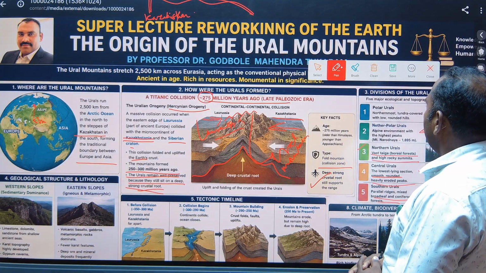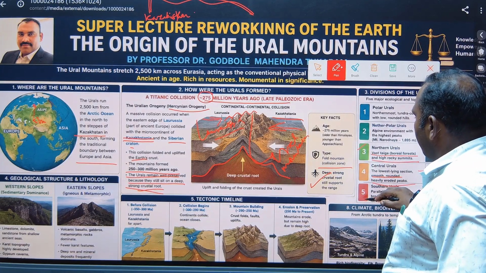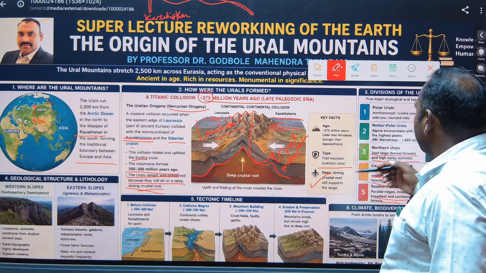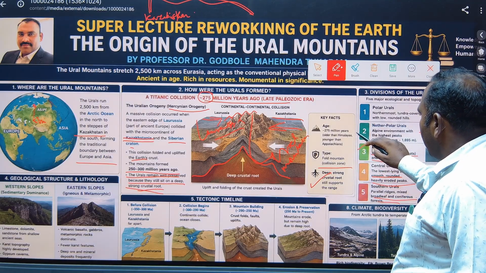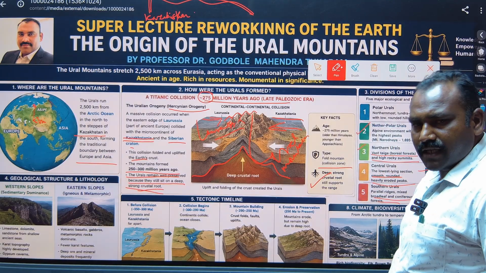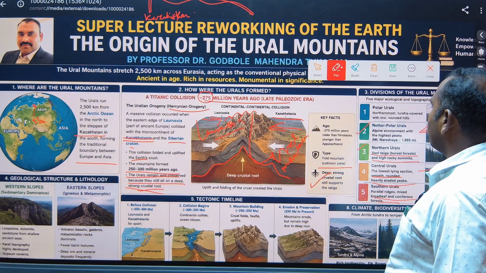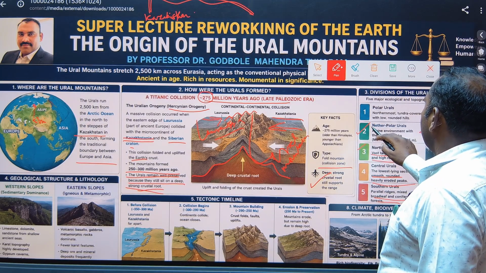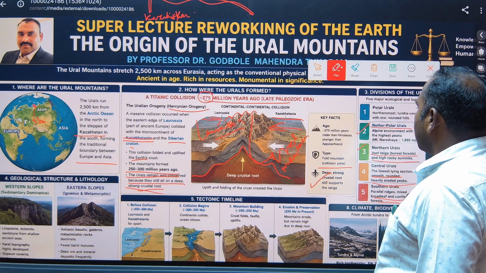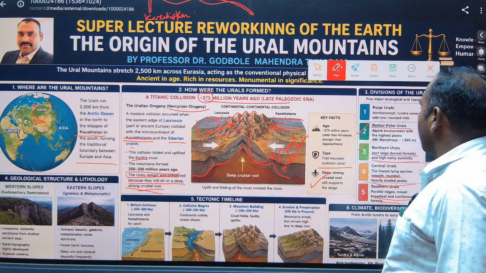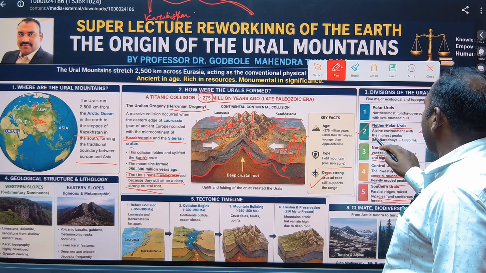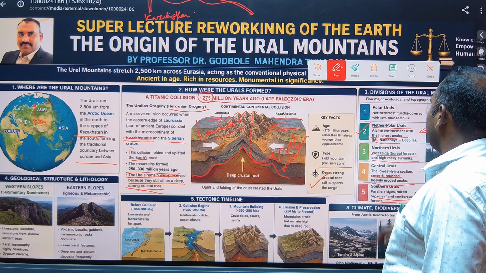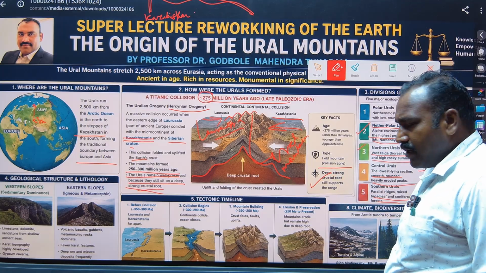And if you are moving from the south to the north, the second, the fourth-ranked, is the sub-polar Urals. The sub-polar Urals are an alpine environment with the highest peaks, where Mount Narodnaya, at 1895 meters, is situated.